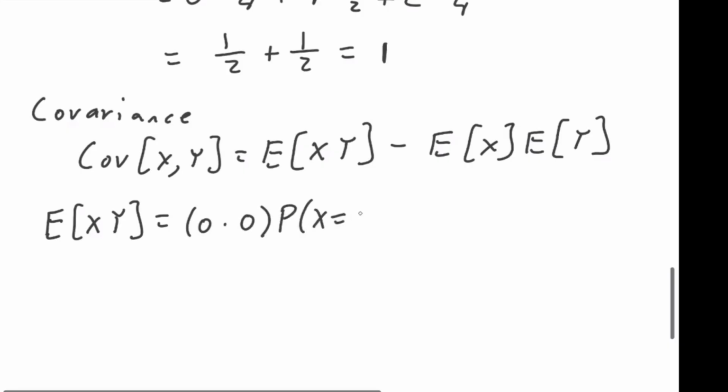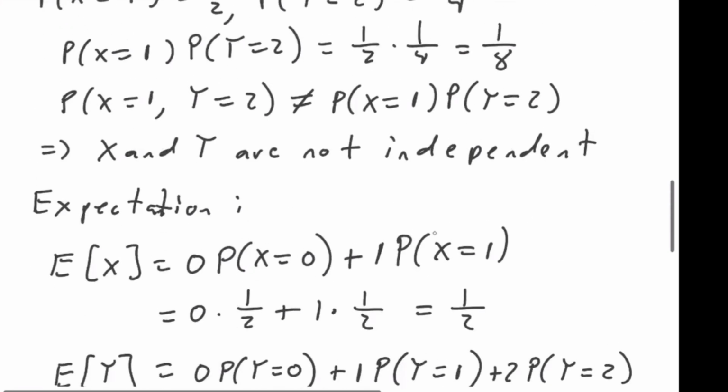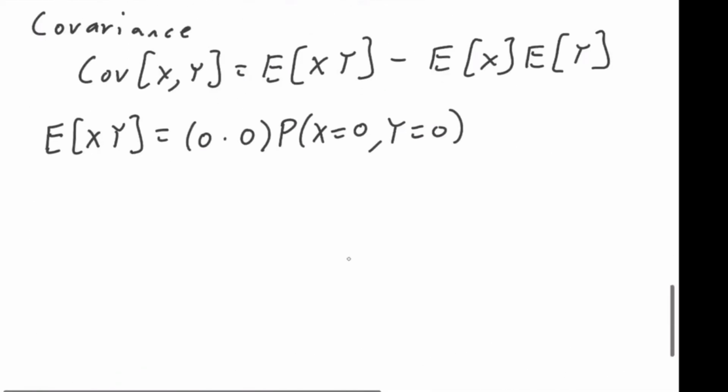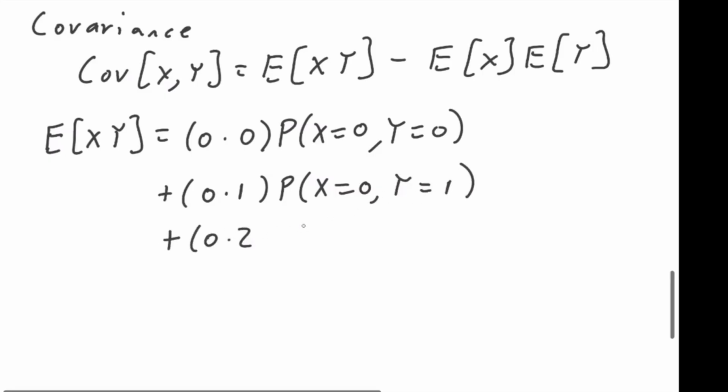probability that x is equal to 0, y is equal to 0, right? Basically, you have to do all of these, right? So the next one would be 0 and 1, and that's 1/4, right? So plus 0 times 1 times the probability that x is equal to 0, y is equal to 1, plus 0 times 2, the probability that x is equal to 0, y is equal to 2.